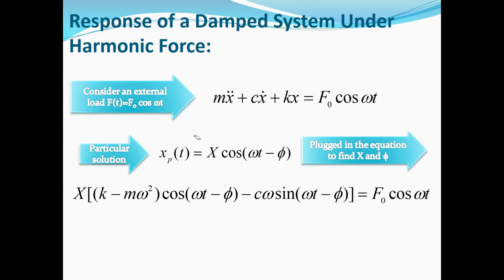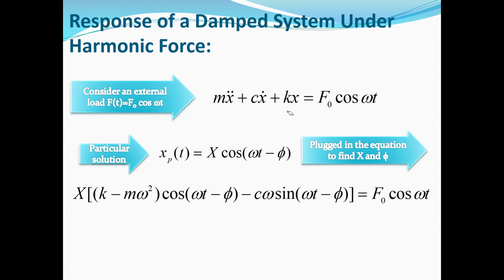So to obtain X and phi, we need to plug into the main equation. For obtaining the constant coefficients in the particular solution, we need to substitute into the main equation, similar to the example.